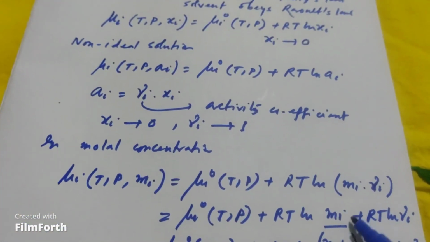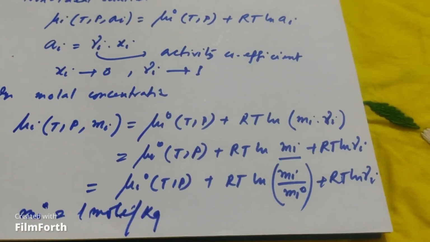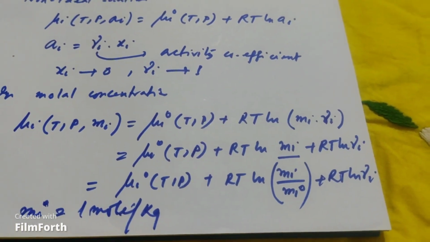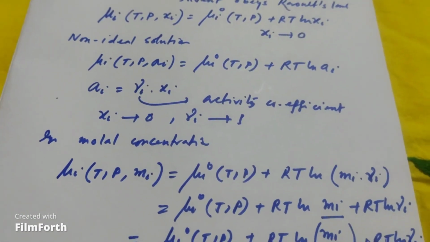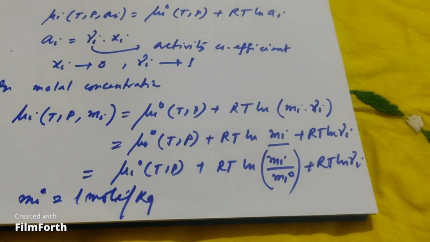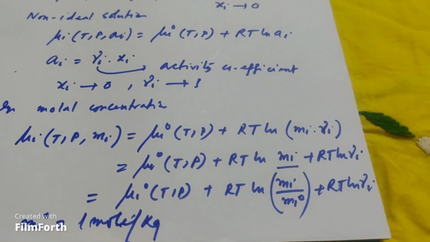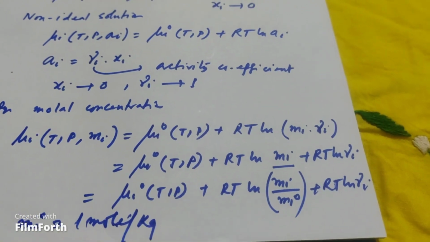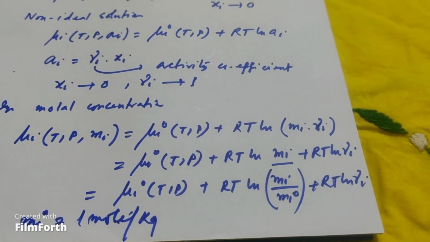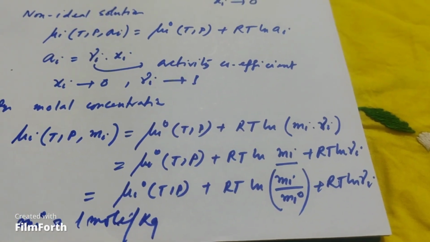So these two equations are similar, but to be written in a dimensionally correct form, it should be written this way: mu i 0 T, p plus RT ln mi by mi0 plus RT ln gamma i. So how the activity coefficient is related to the chemical potential of the species can be represented by this equation.